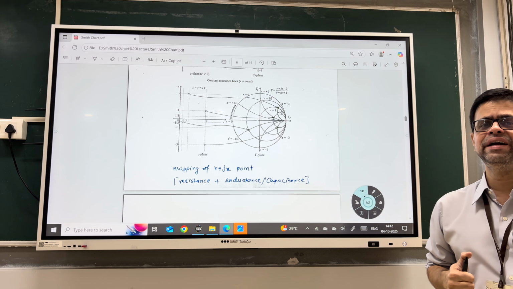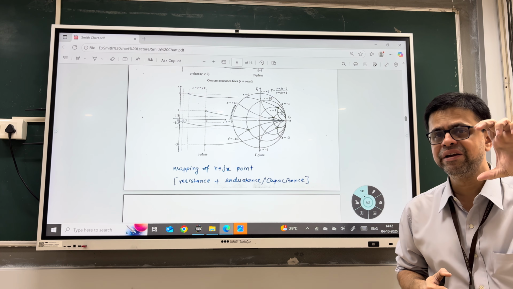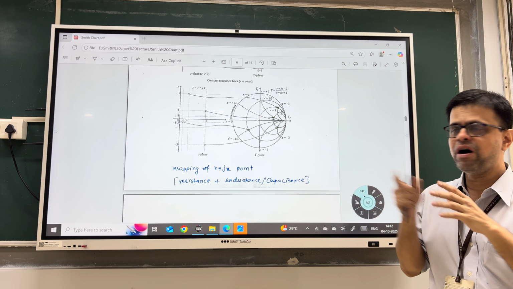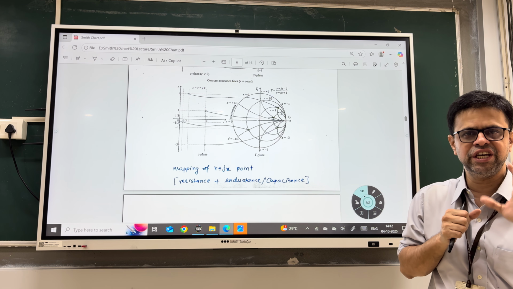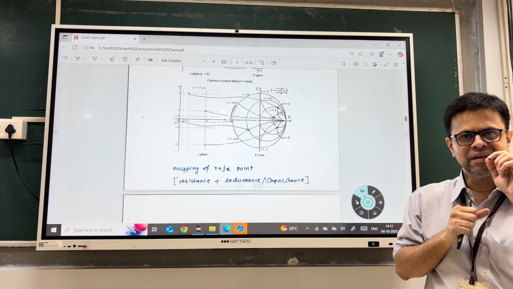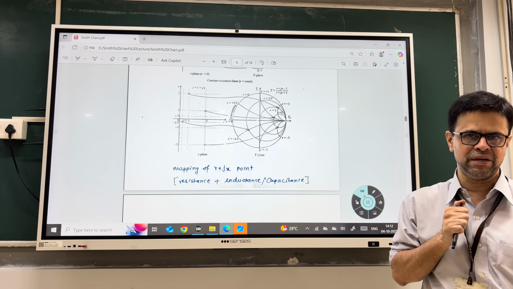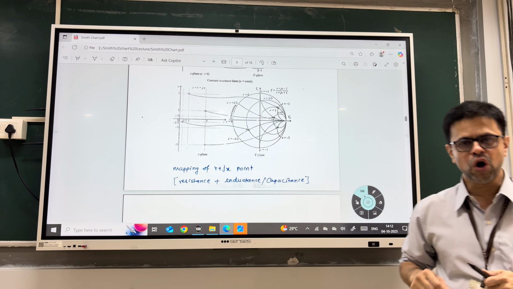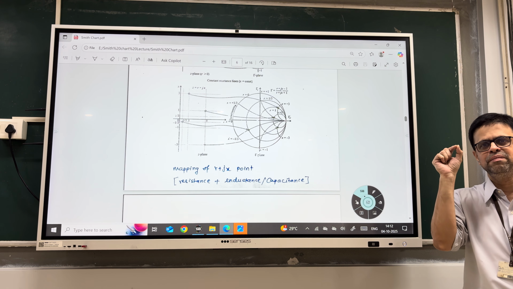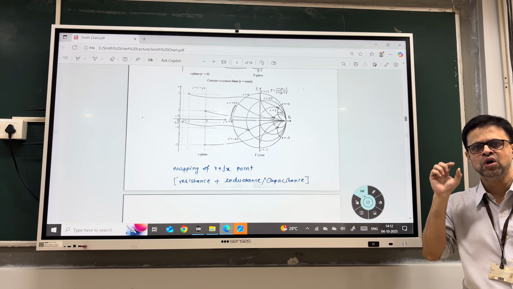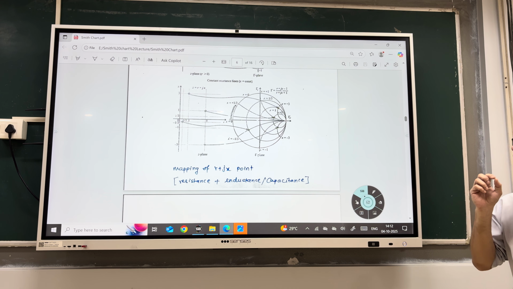And in the end we will deal with a negative resistance Smith chart, because as yet we have only transformed the R plus Jx or R minus Jx domain. We have not dealt with the minus R part. So later on we will also do a negative resistance Smith chart. We will call that a compressed Smith chart.